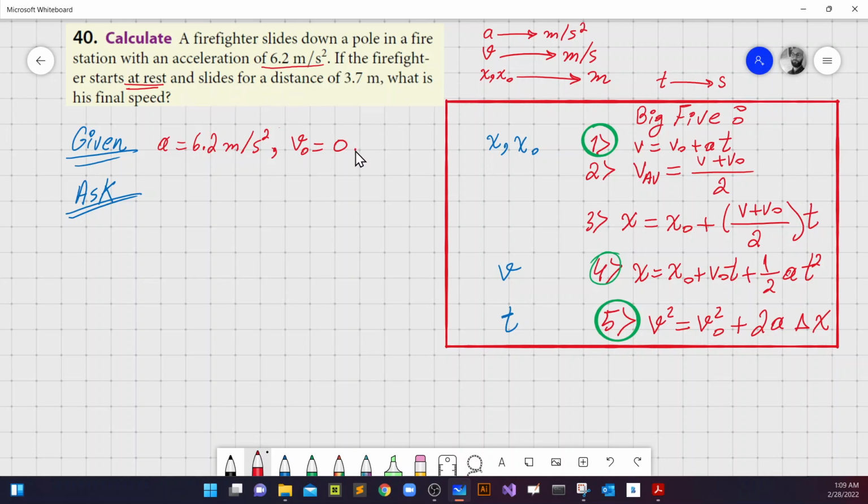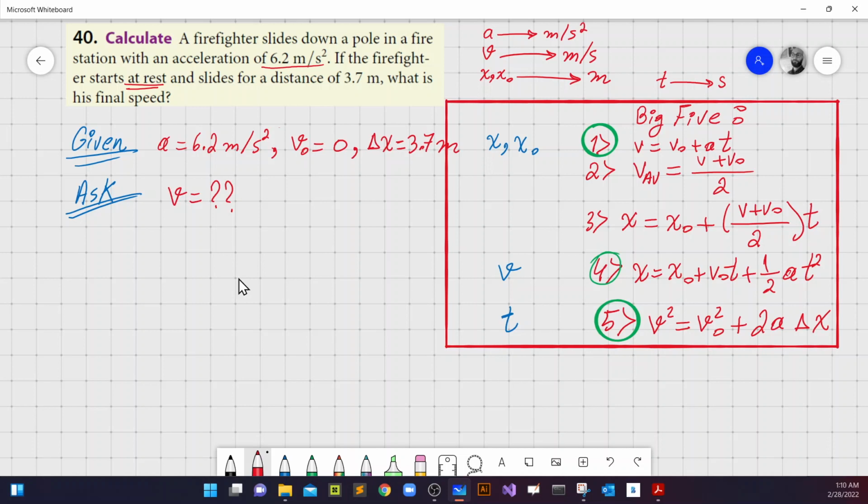So the distance traveled, delta x, is 3.7 meter. What is his final speed? So we need to find the final speed.